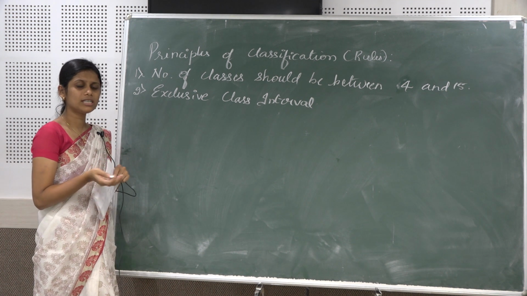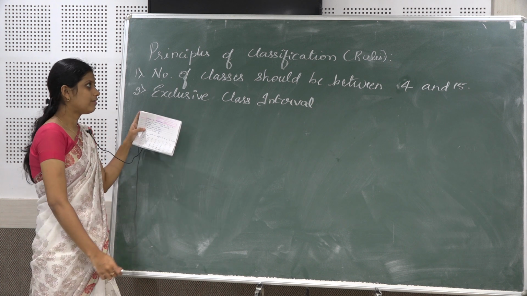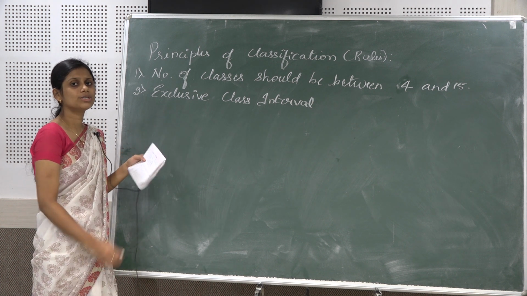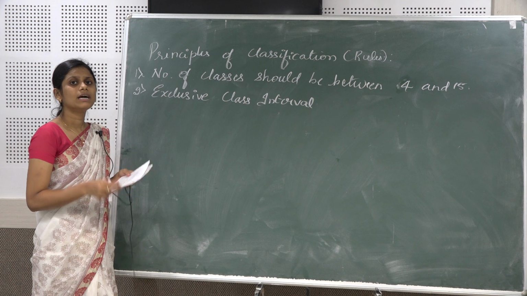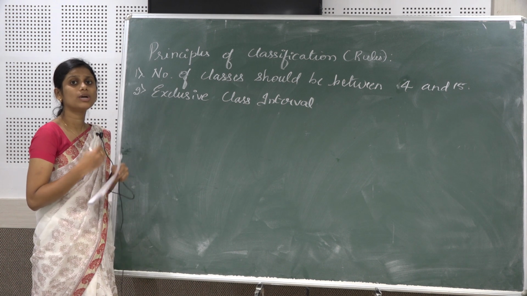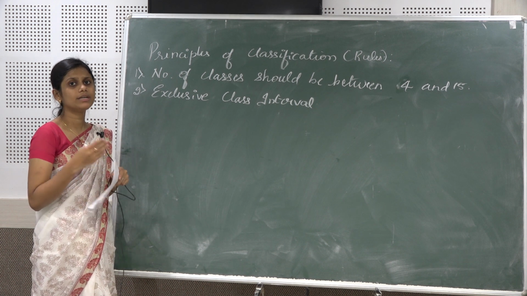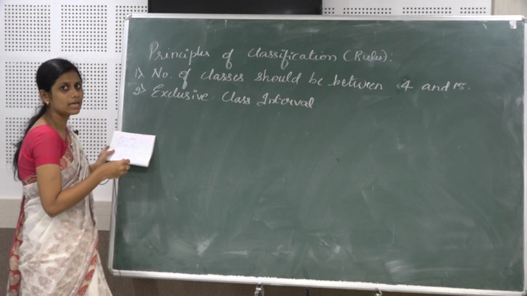But in an inclusive class, both the lower limit as well as the upper limit are included in the same class. So while framing the continuous frequency distribution, it is better to always frame the distribution with exclusive class intervals so as to ensure better continuity of classes.